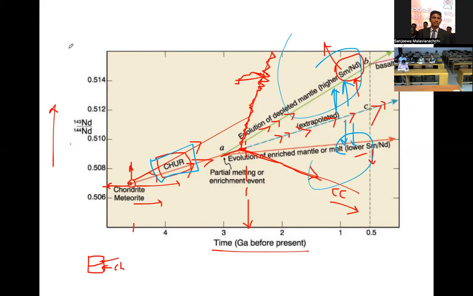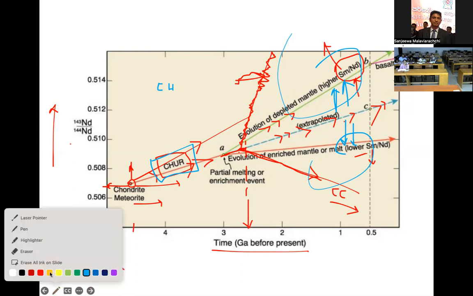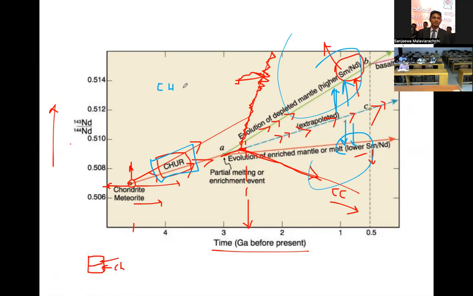So remember, compared to this chondritic reservoir, our crust should be what? Enriched or depleted in neodymium isotopes? Crust should be low and mantle should be high with respect to the chondritic reservoir.